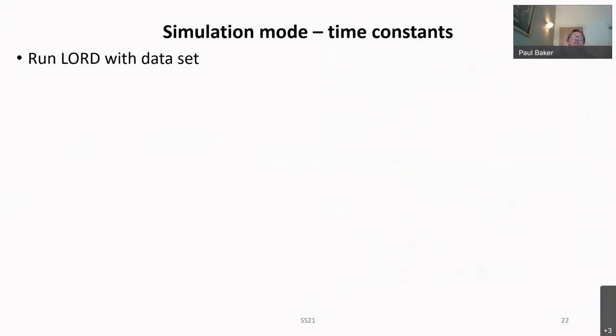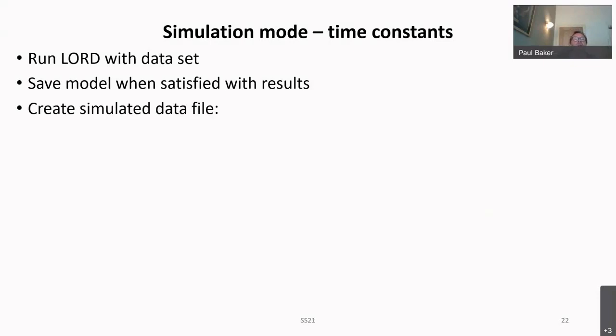Now, the capacitance values that LORD gives are really like a mathematical fix. So to actually obtain time constants and capacitances from the LORD output, what you need to do is to run LORD with a data set, for example, in this case, an older test data set. Save the model when you're satisfied with the results, and then go create a simulated data file.